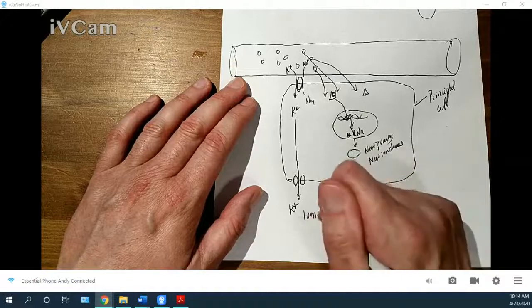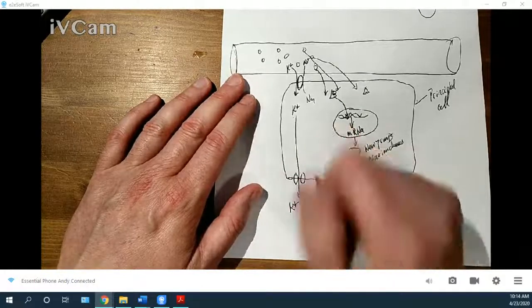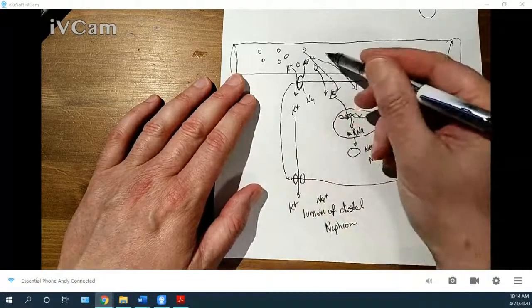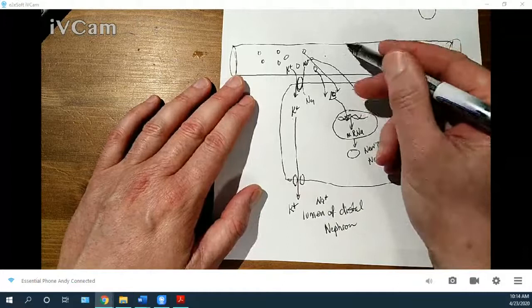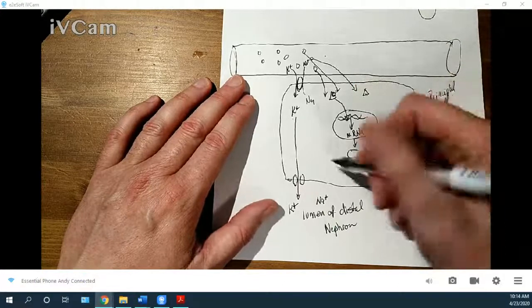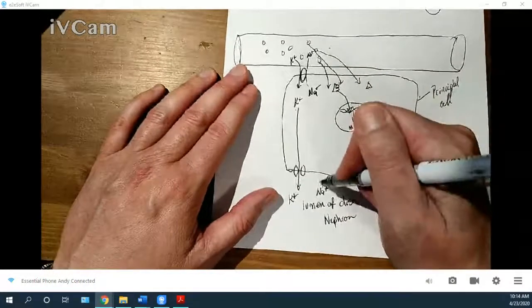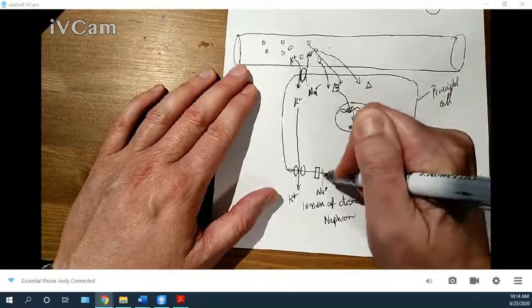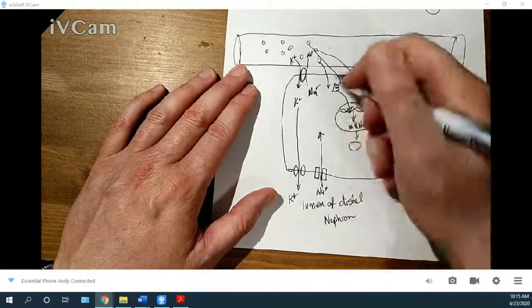But we have a high concentration of sodium here. And we need to get sodium into the bloodstream because sodium is going to be surrounded by water, and that's going to increase our blood volume. So what we need to do then is increase the sodium here. So we bring it in from here. We've made a new ion channel, a new sodium channel, and we get it to come in here.